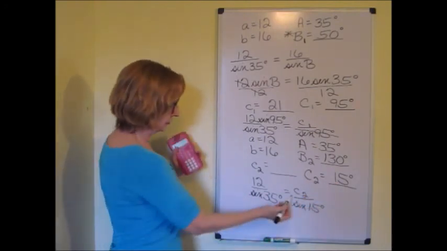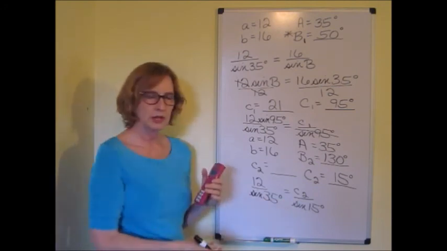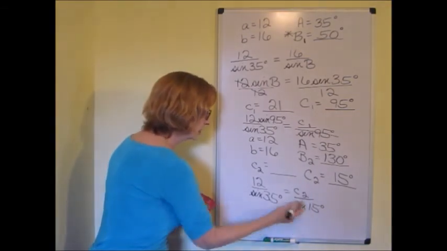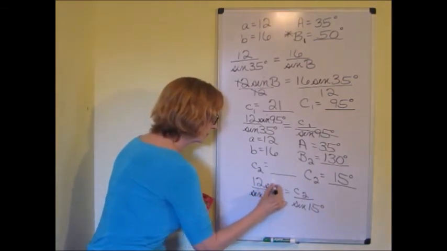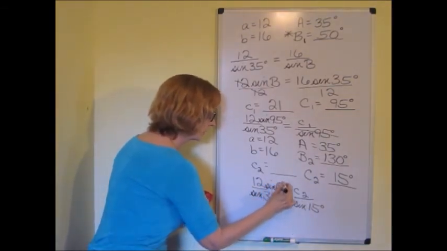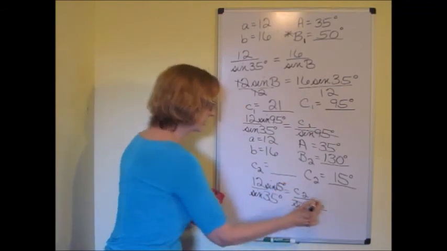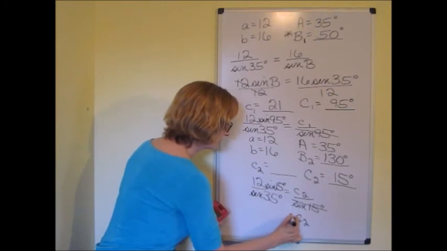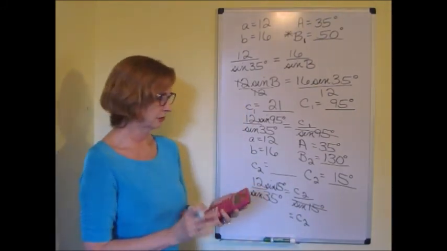So to solve for C, I just have to multiply by the sine of 15 on both sides. When you multiply on the other side, it just cancels that out, and that should give us C for our second triangle.